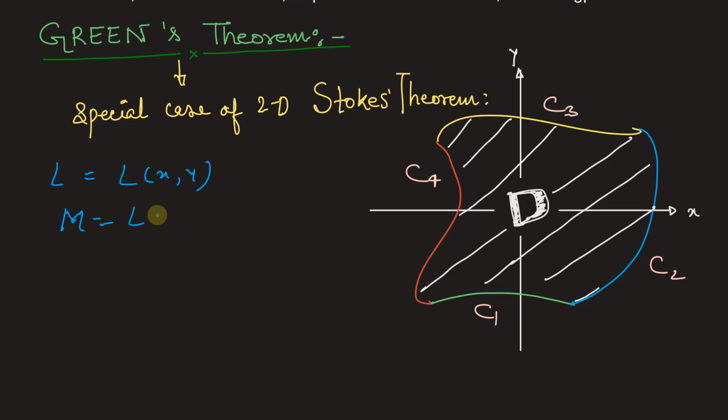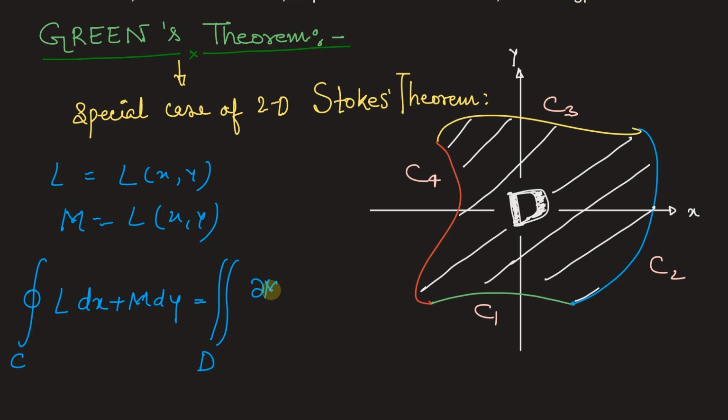defined on an open region D and having continuous partial derivatives, then we can write the closed integral over the curve C, L dx plus M dy, is equal to the surface integral over the surface D, partial derivative of M with respect to x minus partial derivative of L with respect to y, into dx dy.